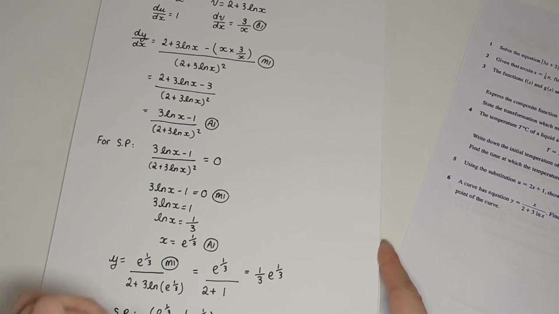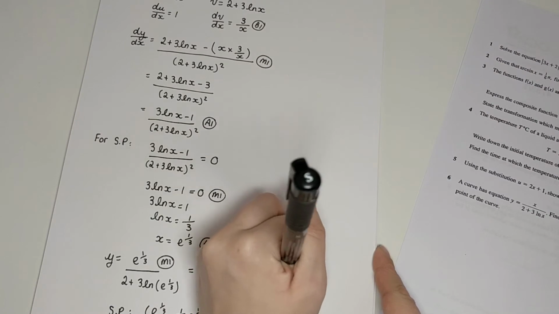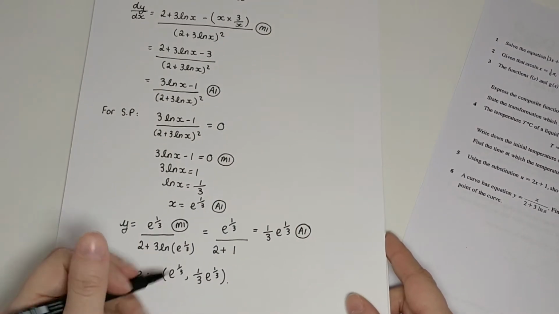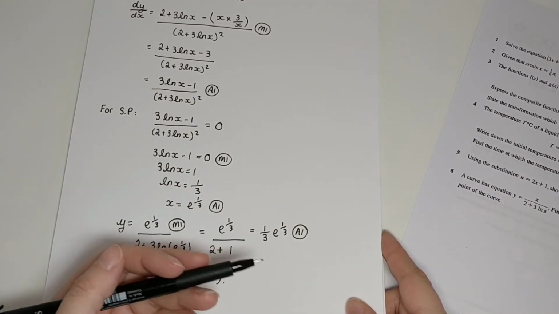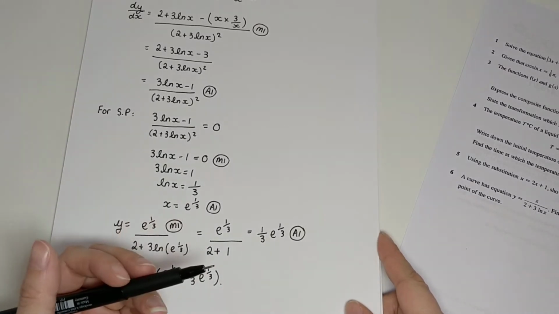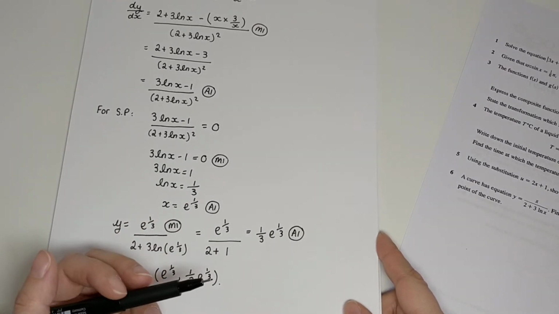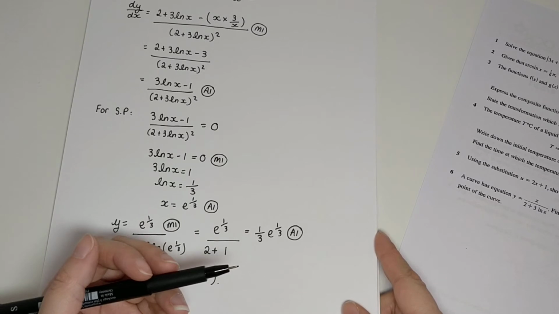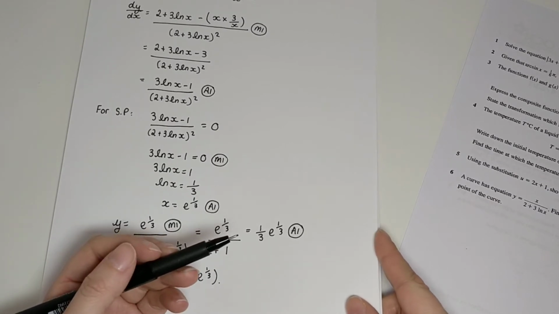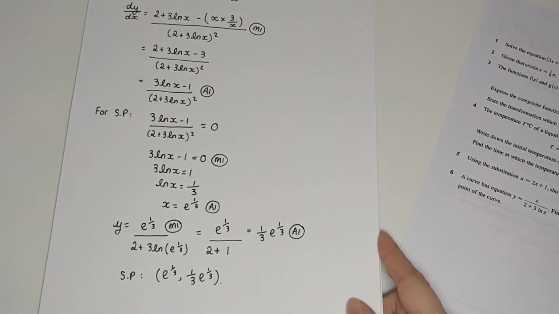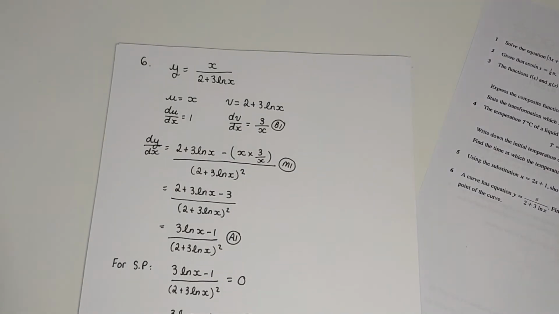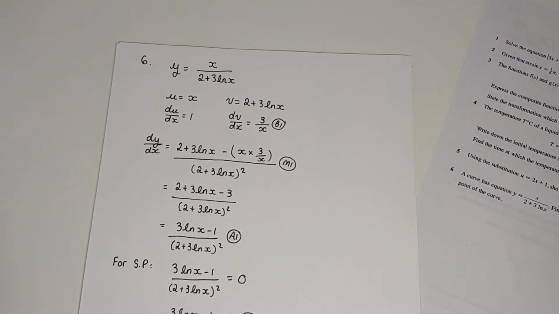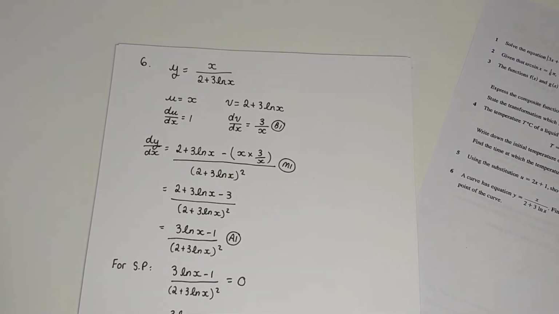And accuracy mark for the y coordinate. Again, correct answer only. So if you found x wrong, you're not going to get the mark for y. And it says it must be exact, so if you've got a decimal, you're not getting the accuracy mark. So yeah, and there we go. So 7 marks. It's not bad.